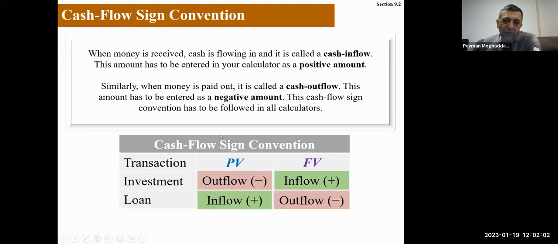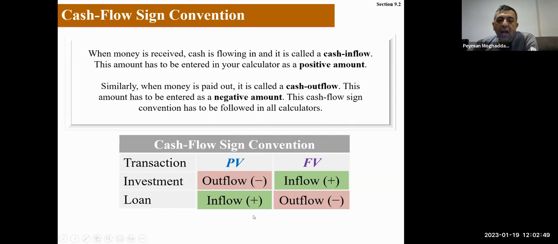In the calculator, if you put in an investment, what's the difference between outflow and inflow? Basically, the negative and positive sign of the present value. The present value is negative, an outflow, if you invest. If you take money from your business bank account and put it in the bank as an investment, or in a house, whatever investment you do, it's an outflow and the sign is negative in the calculator.